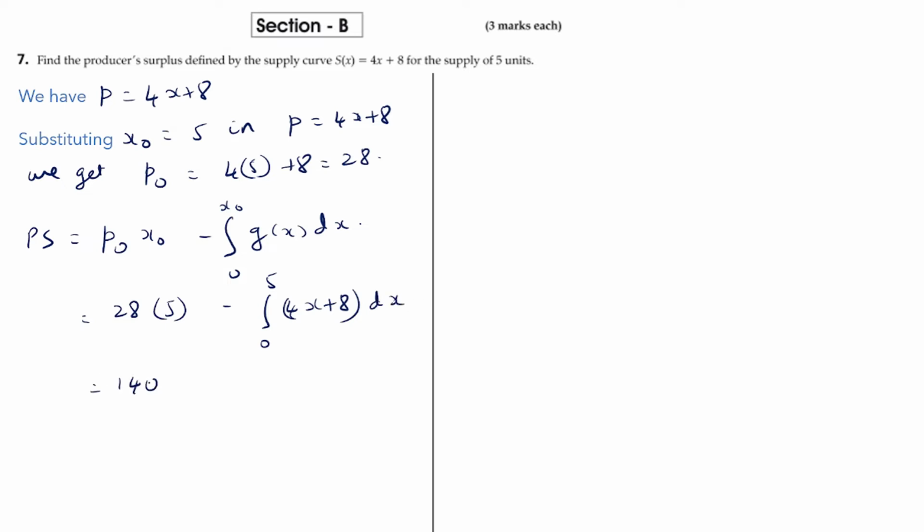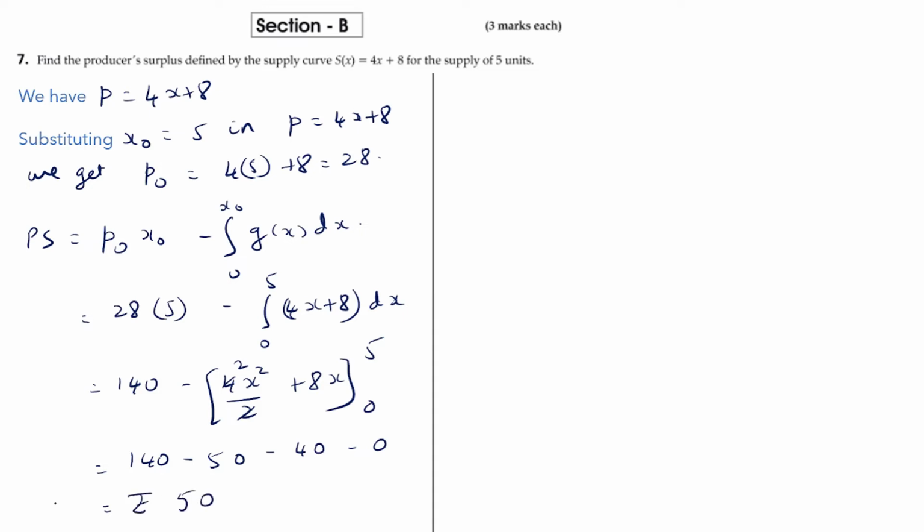So this is 140 minus 4x square by 2 plus 8x with the limits 0 to 5. Now when we substitute the upper limit, we get 25 into 2, 50, then 8 into 5, 40, and lower limit is 0. So this is 140 minus 90, which is 50. So the producer surplus is given by rupees 50.